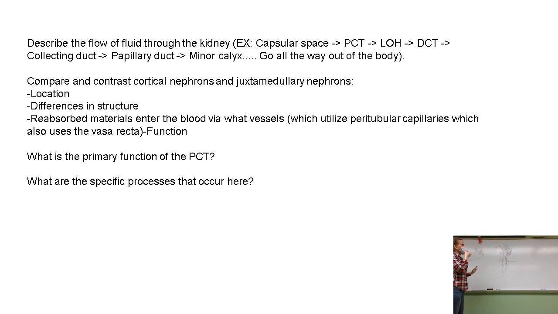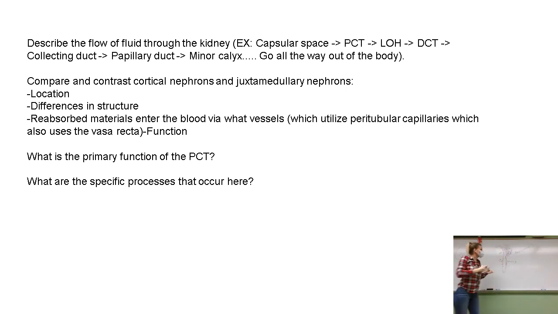There are a lot of various things that happen in the PCT. There's some reabsorption, there's some secretion, there's a lot that happens there. But there is one primary function of the PCT. What is that? Is reabsorption more important there? Is secretion? Reabsorption. So when you think of the proximal convoluted tubule, you should think of reabsorption.